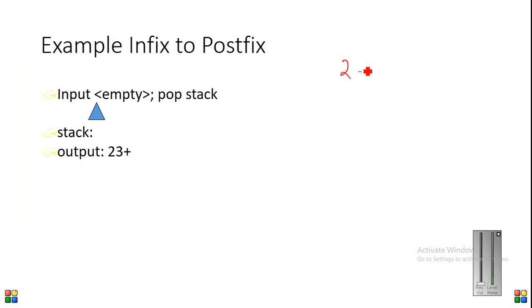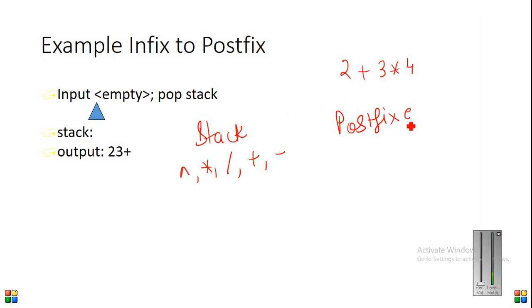Okay, 2 plus 3 into 4. Now let us do one thing. We will keep the stack here. The stack can contain asterisk, division, plus and minus, and we have something called the postfix expression. We will scan this string from left to right.